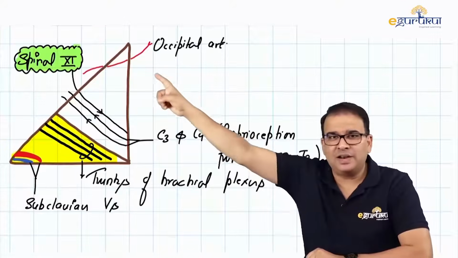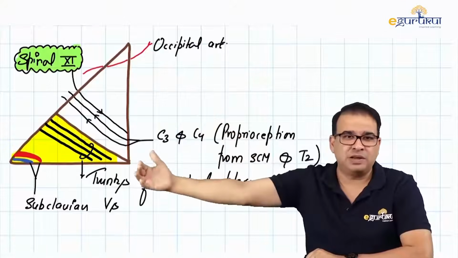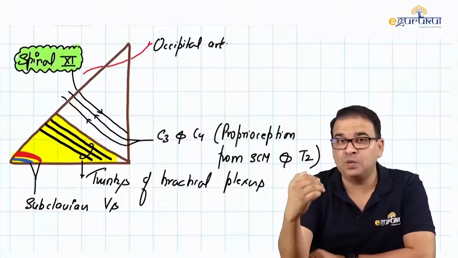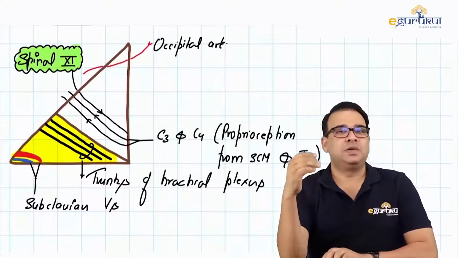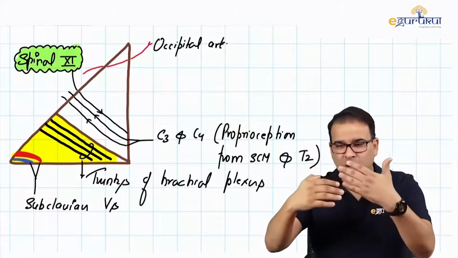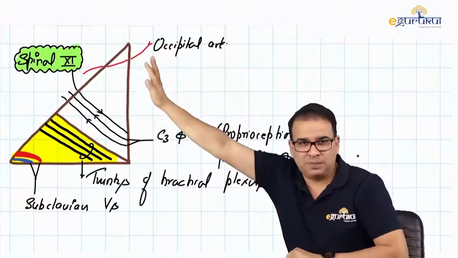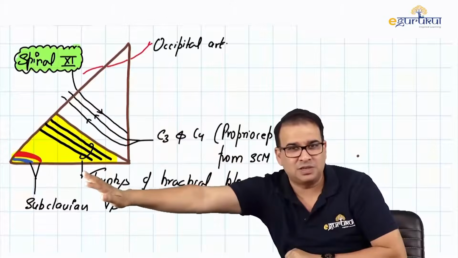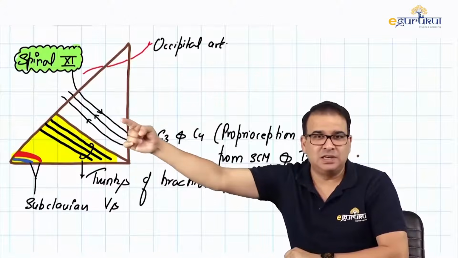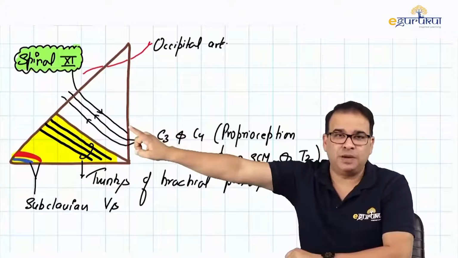Because all the rest of the contents that you see, the occipital artery, trunks of the brachial plexus, even subclavian vessels, are all present behind the prevertebral fascia. We saw the prevertebral fascia was there in the floor. So all these contents are protected by the prevertebral fascia, but not the spinal accessory nerve. The spinal accessory nerve is running superficial to the prevertebral fascia.